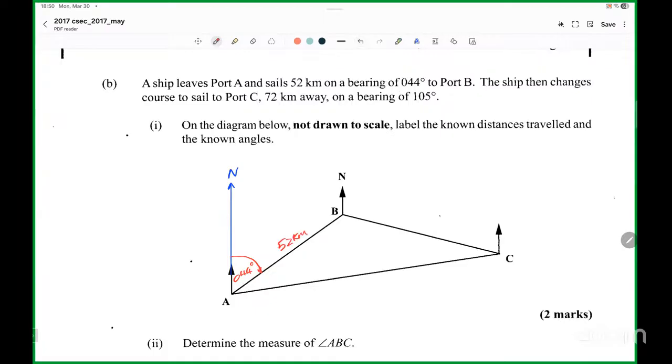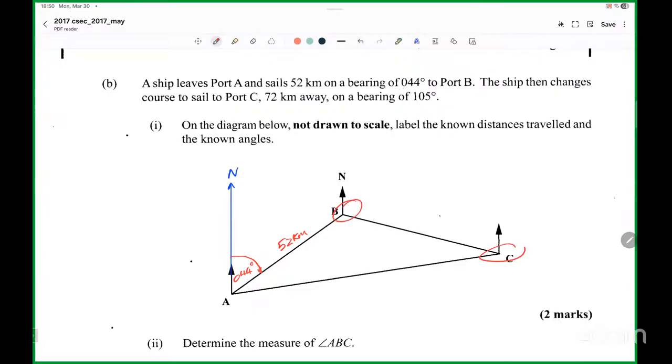Remember, bearing is a direction, an angle measured clockwise from the north line. So that is the bearing angle that they told us about. The ship then changes course to Port C, 72 kilometers away, that's right here, on a bearing of 105 degrees.